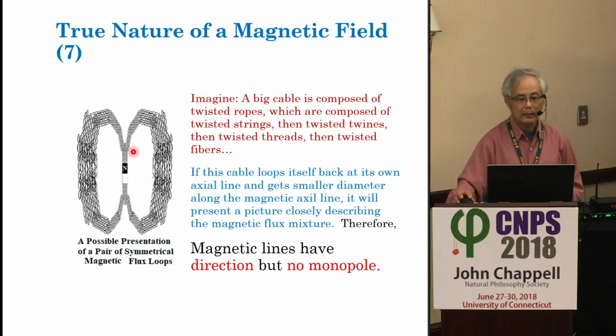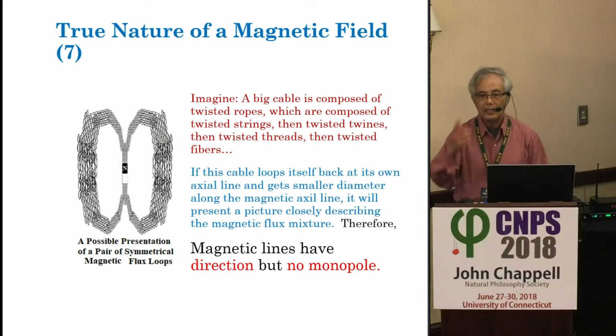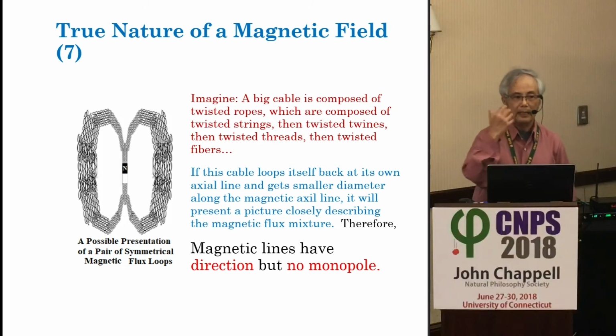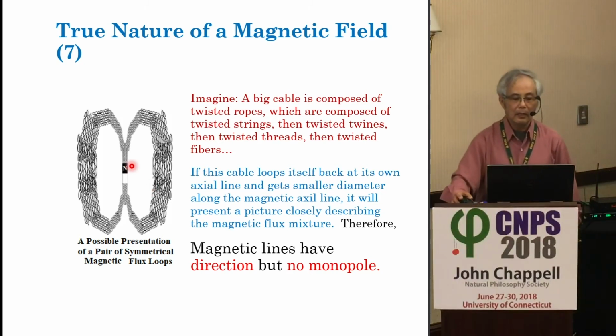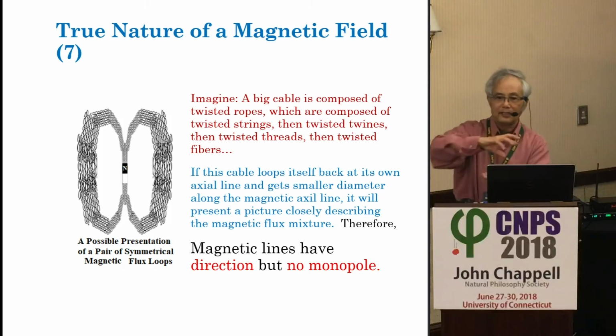The reason that this magnetic flux will be looped back to itself is because of the high intrinsic pressure of the ether. If a certain magnetic field needs to go further, the high intrinsic pressure of the ether will try to untwist it.